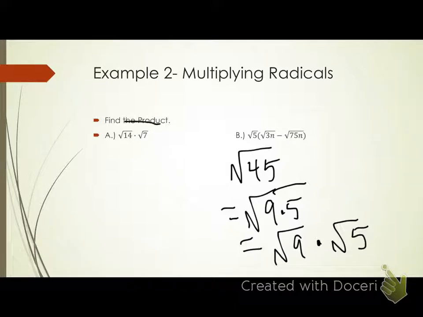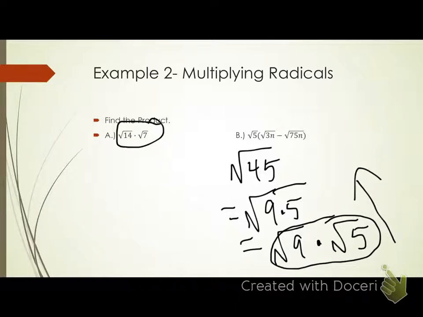If you notice, letter A looks kind of similar to the square root of 9 times the square root of 5. So for letter A, I can kind of work backwards from what I did for the square root of 45. So I can rewrite this as the square root of 14 times 7.